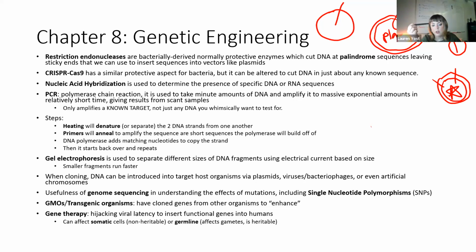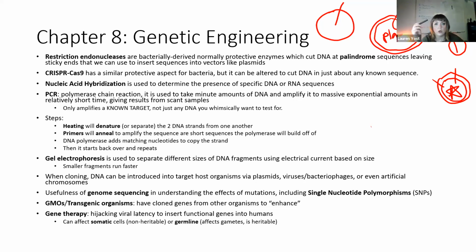And now you want to know which of the bacterial cells actually took up your plasmid, because they'll just grow no matter what if you put them on normal media. So we take our plasmid that we have designed, and it's going to have antibiotic resistance in it.